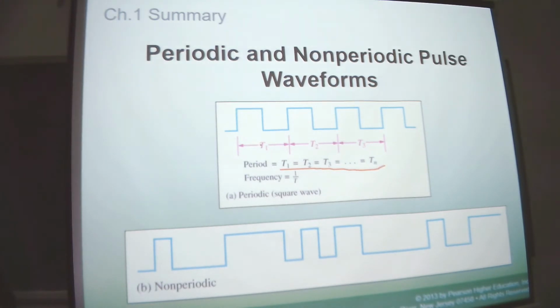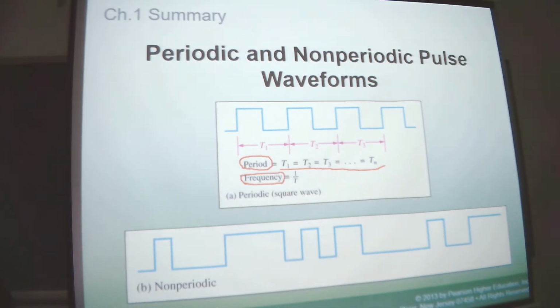So the period of this periodic pulse waveform is T. And the frequency of this waveform is 1 over T. These two concepts are also very important.